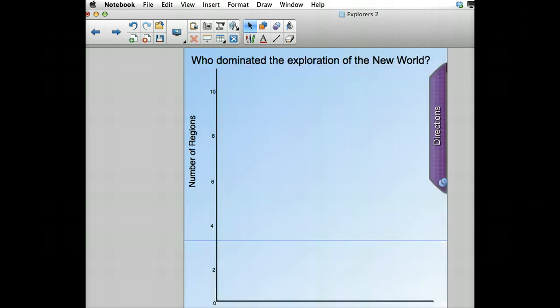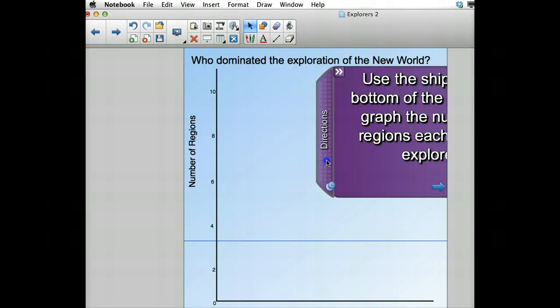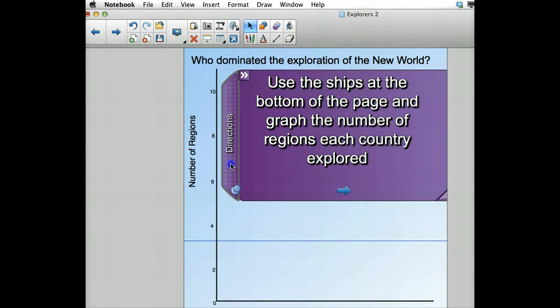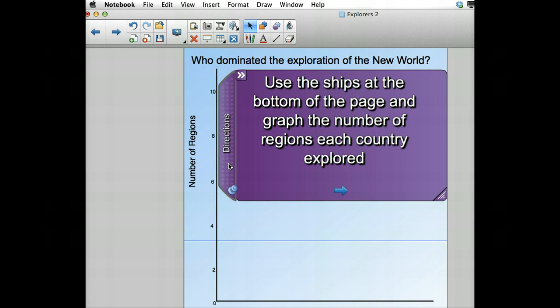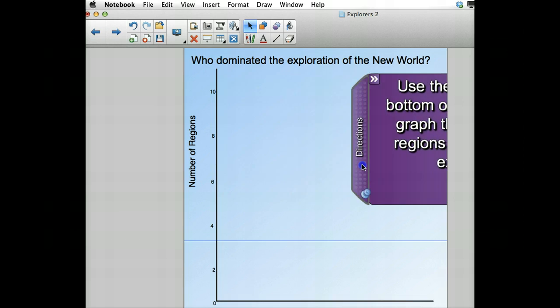So after the game, the students will be doing a graph, who dominated exploration in the New World, and this is a way for the students to compare the European powers and their contribution to the exploration. So use the ships at the bottom of the page and graph the number of regions for each country explored.